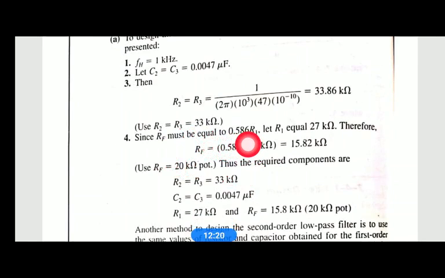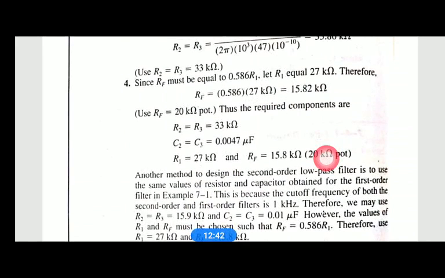The final condition in the design is RF equal to 0.586 R1. Let us first select R1, which should always be less than or equal to 100 kilo ohm. Here 27 kilo ohm is selected, which is a standard value. Therefore RF is 0.586 into 27 kilo, which gives 15.82 kilo ohm.